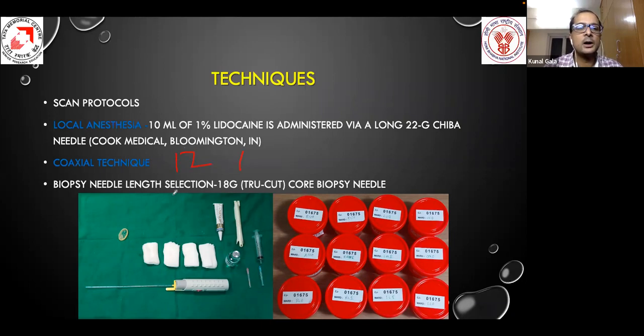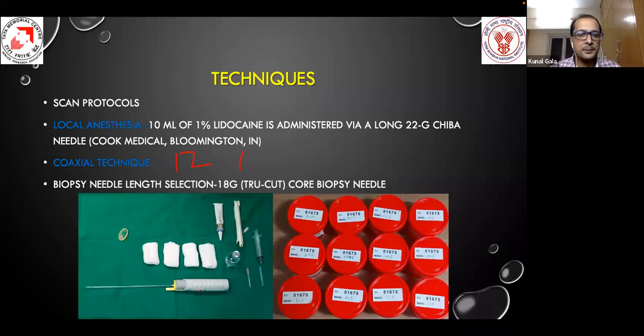side. So this is when we are using an automatic gun, and this is how the labeling is done: 6 on the right side, 6 on the left side, and if any lesion is suspicious, you can add on to this 12 core biopsy. These are the equipment, this is the automatic gun, and this is the local anesthesia which needs to be given to the patient.